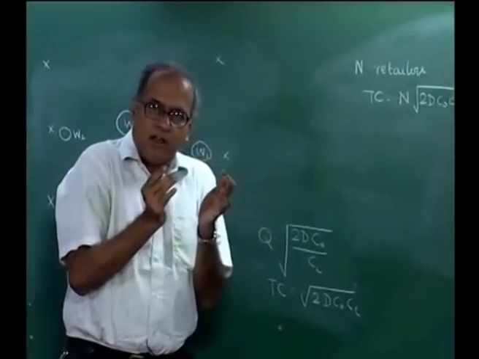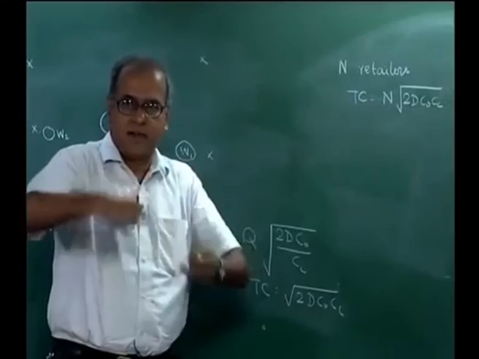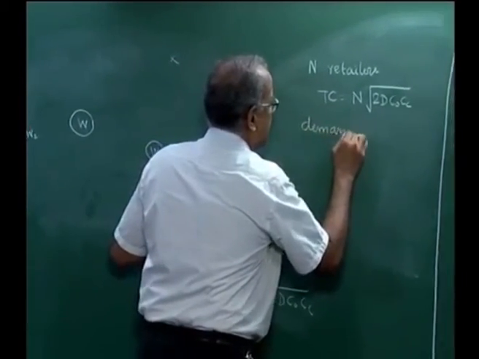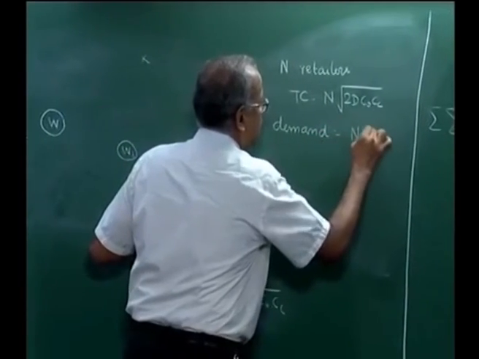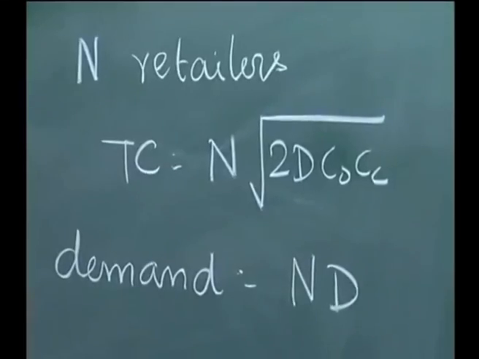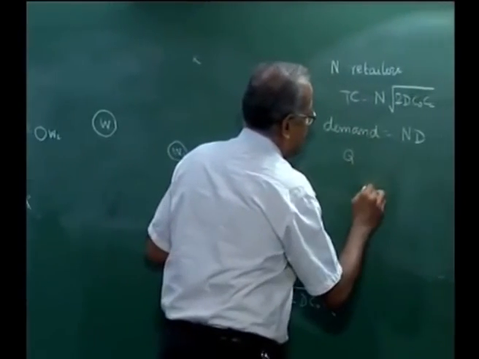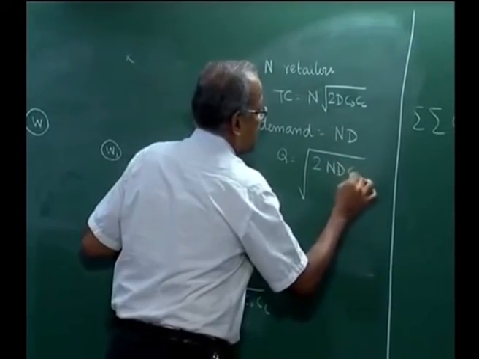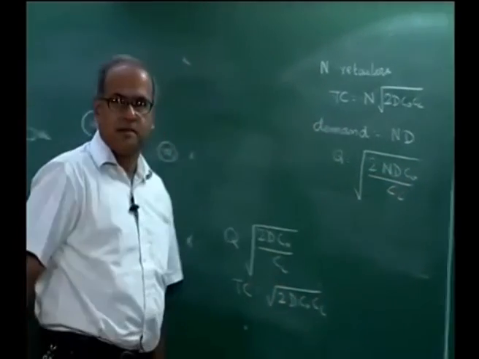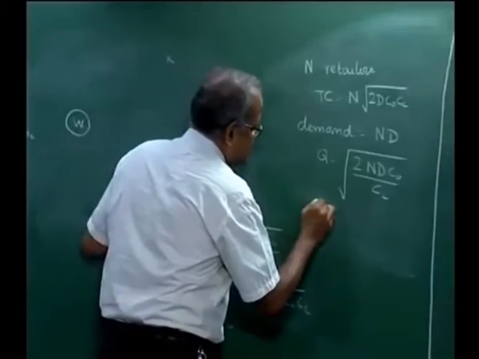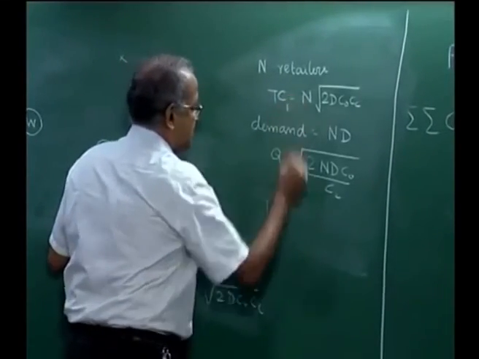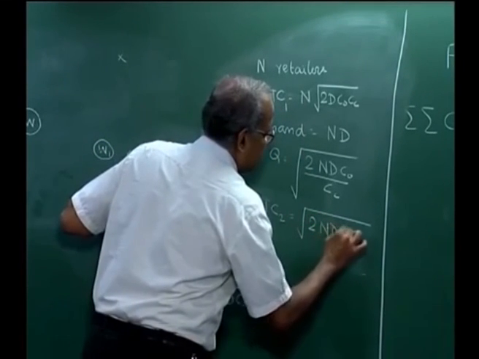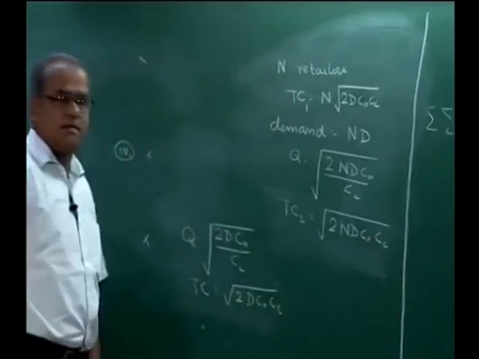Now, if we bring all of these together into a central place, then the total demand will become n into d, and therefore, the economic order quantity will be root over 2 n d C naught by C c, and the total cost TC2, if we may call this, is equal to root over 2 n d C naught C c.